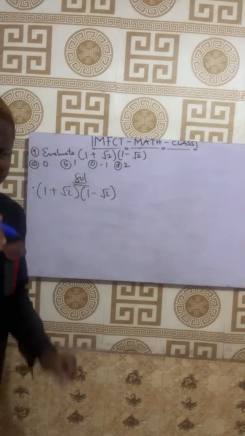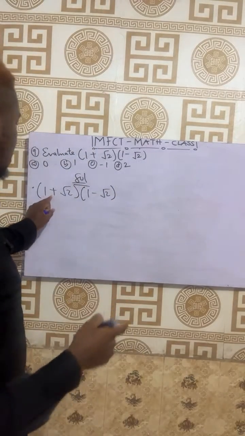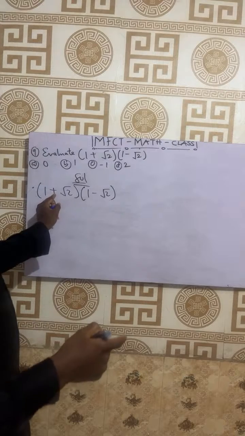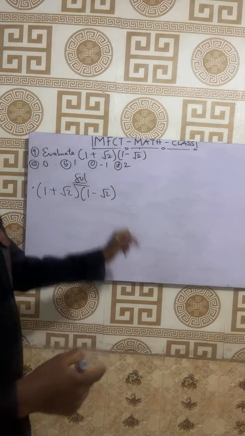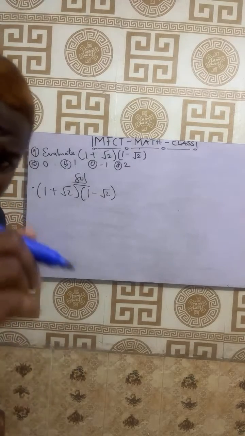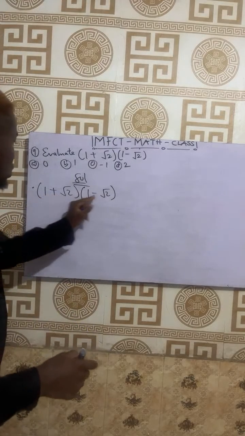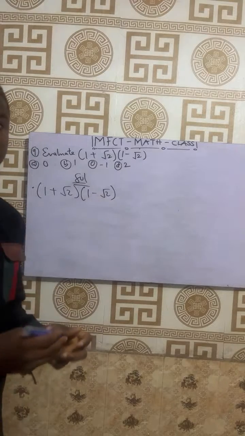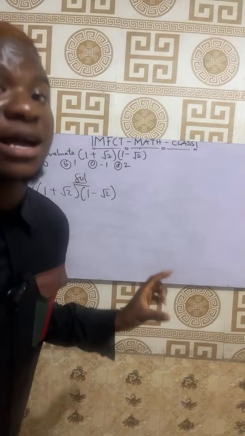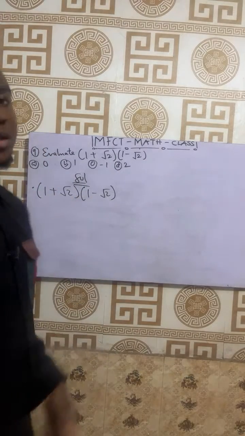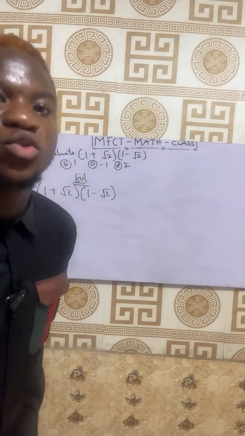You will see that the only difference in this question is the sign. This one is plus, this one is minus. But the remaining parameters are the same. So whenever you have this type of question, in which the parts are the same but the only thing that differs is the sign, then guys, we are going to use the trick.